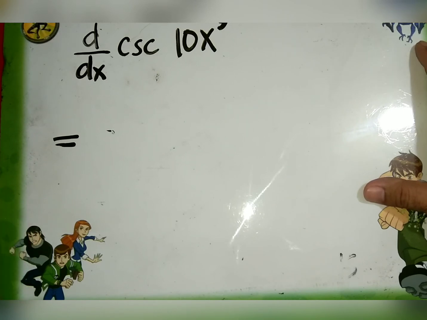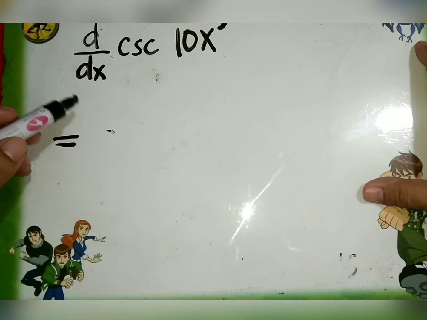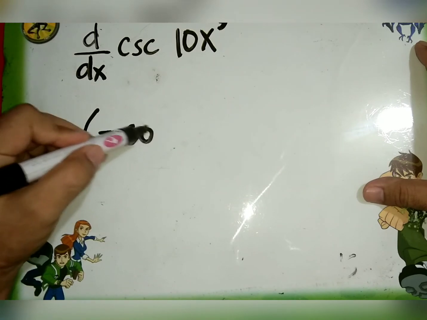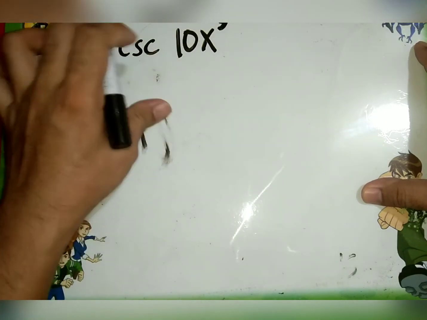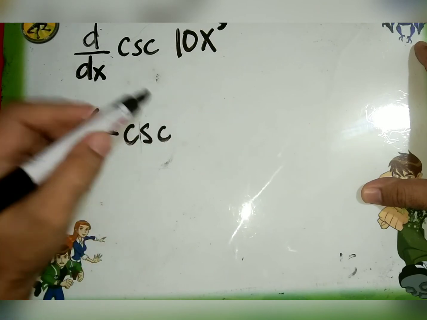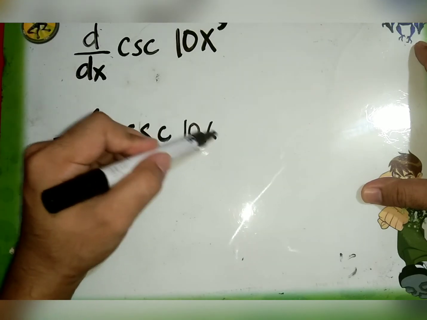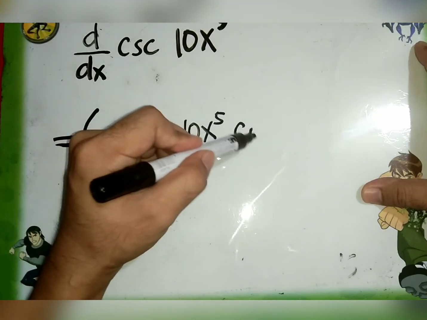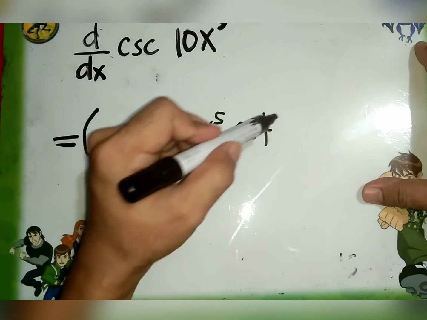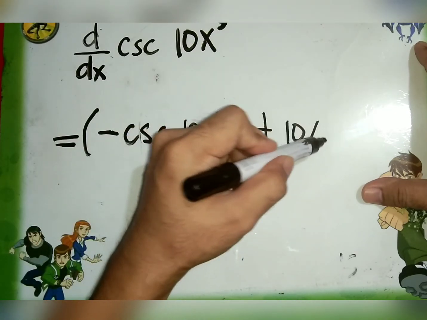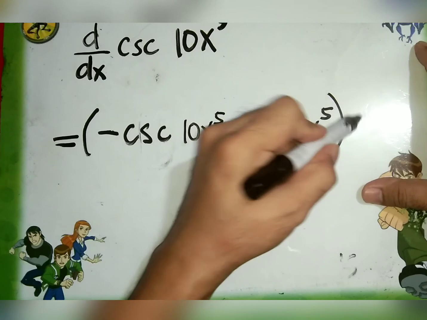Okay? So, derivative of cosecant 10x raised to 5 is negative cosecant, kopya 10x raised to 5, cotangent 10x raised to 5, then derivative na nung angle.